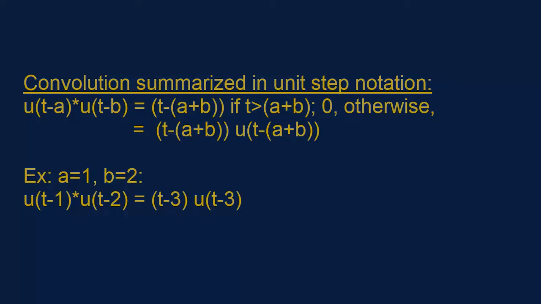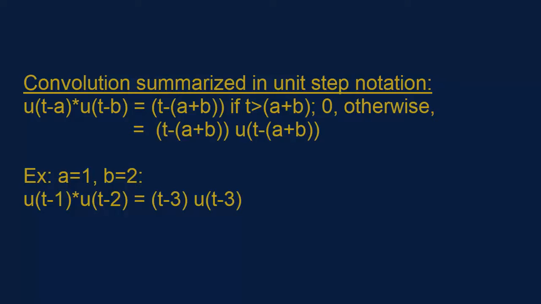We want, first off, our t minus b to be bigger than a, otherwise we would have had 0. So for t minus b to be bigger than a, we need t to be bigger than a plus b. So that's the activation point for this convolution.